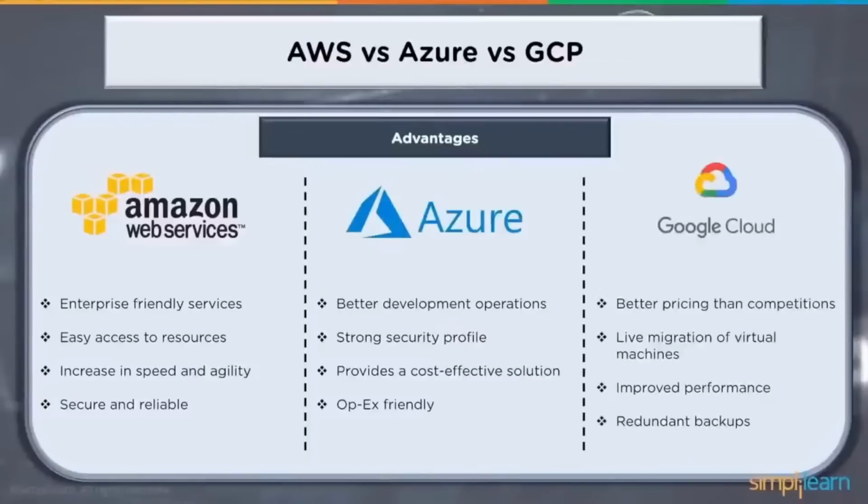When we talk about Google Cloud, one of the key features here is better pricing than competitors, live migration of virtual machines, which really interests a lot of organizations that would want to modernize their infrastructure without any kind of disruption in their existing services, improved performance, redundant backups, and so on.